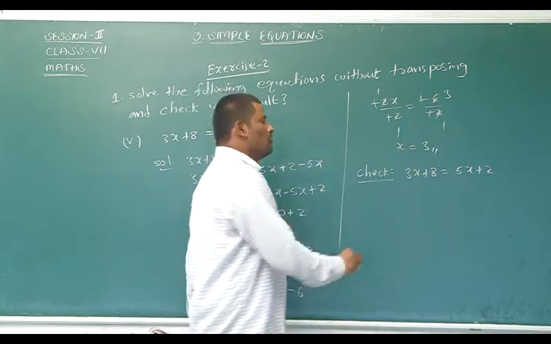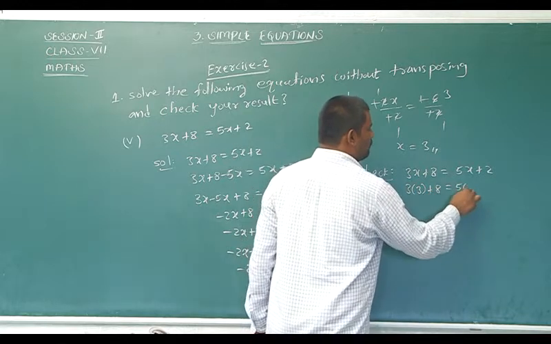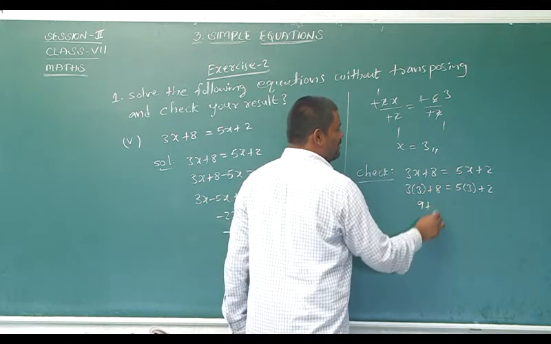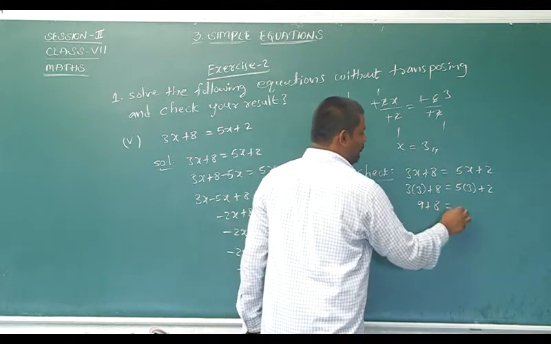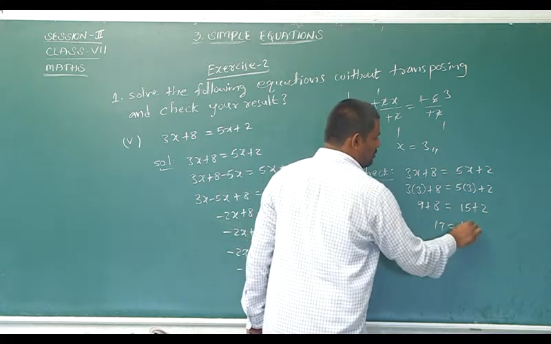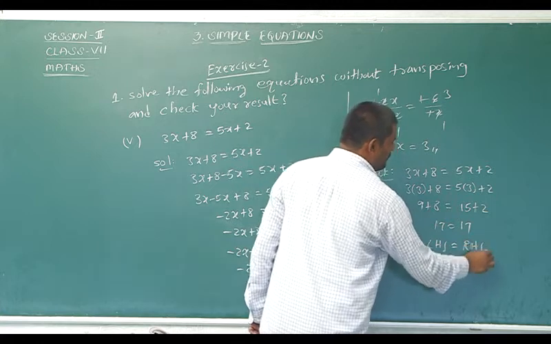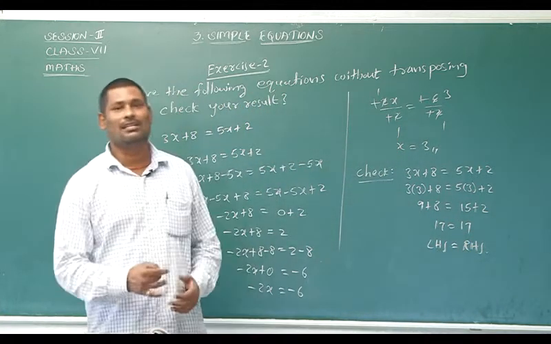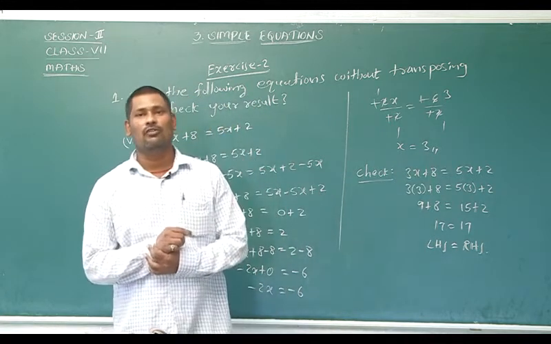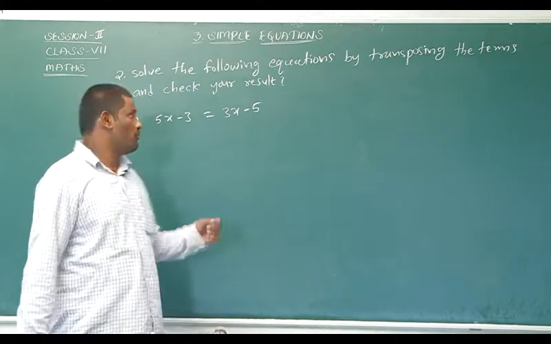So 3 of 3 plus 8 equal to 5 of 3 plus 2. 3 threes are 9, so 9 plus 8; 5 threes are 15, plus 2. 9 plus 8 is 17, and 15 plus 2 is 17. So LHS equals RHS, which means our solution is correct. Therefore the solution of the given equation is 3. Like this we solve, and let us see one more problem.